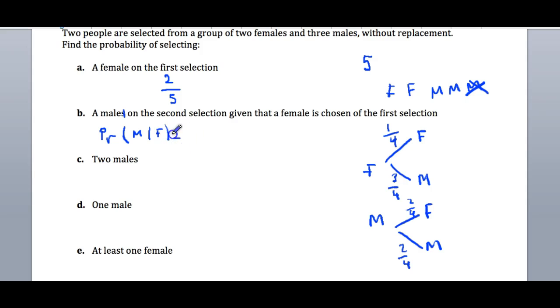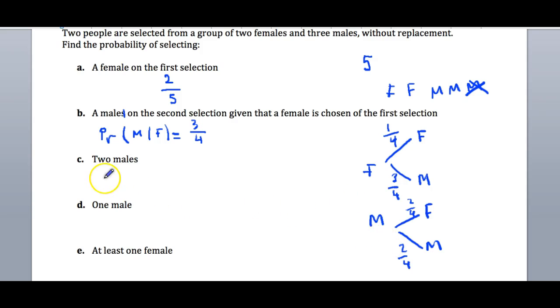You don't use the conditional probability formula here, but that's the same notation. So if we know that a female has already occurred, what's the probability that we're then going to get a male? It's 3/4. Okay, so we know the female was definitely the first selection. What's the probability of getting the male on the second? It's 3/4.